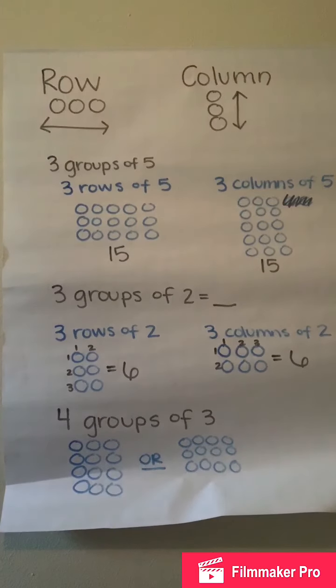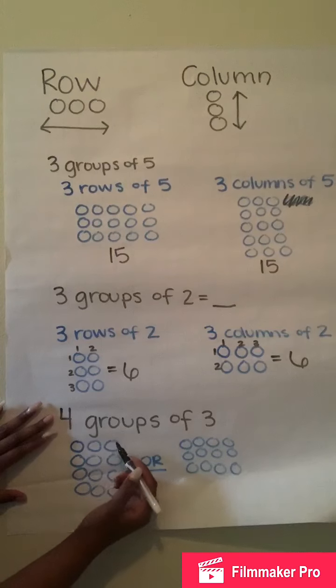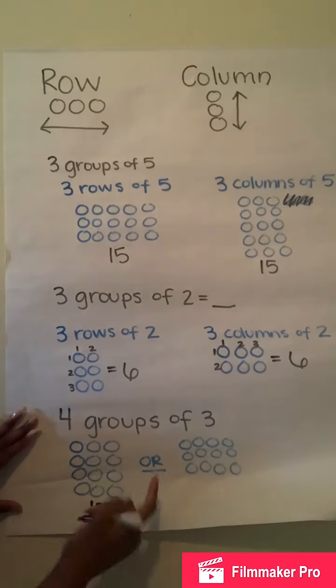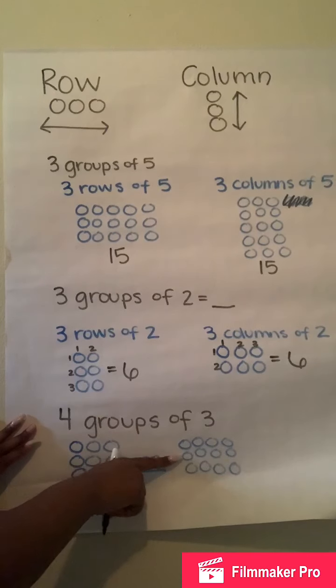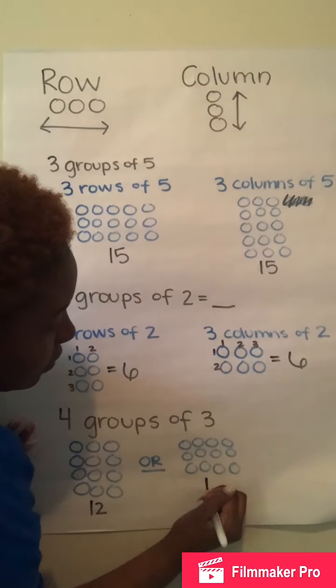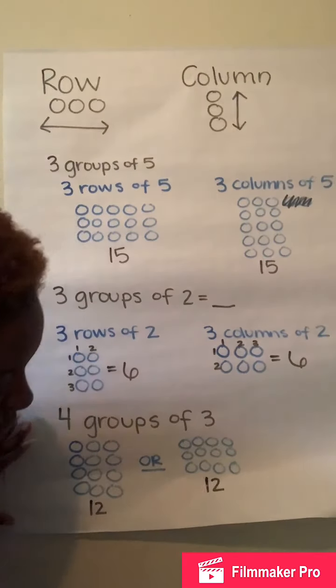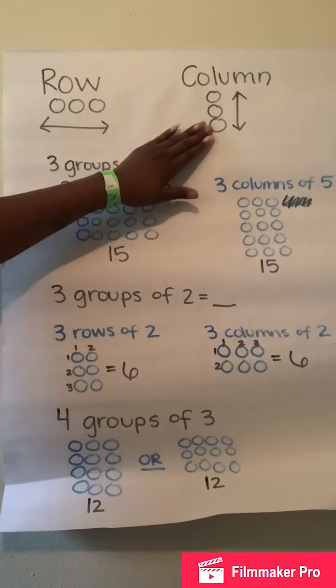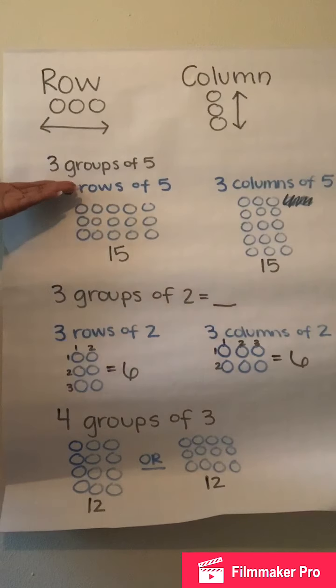Both times my answer is going to be 12. 3, 6, 9, 12. 4, 8, 12. So this is how we're going to use rows and columns to draw our equal groups.